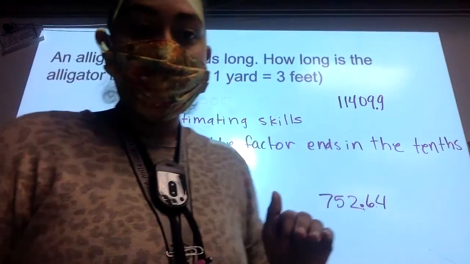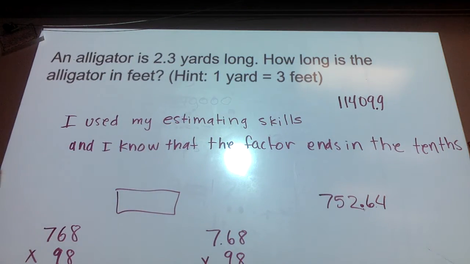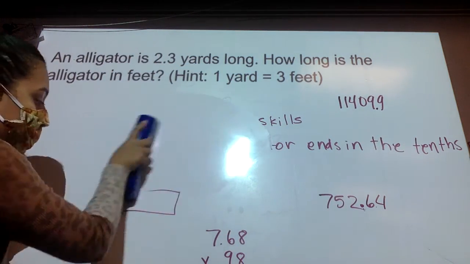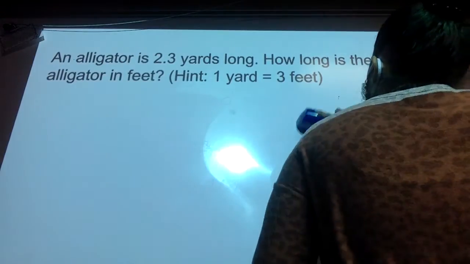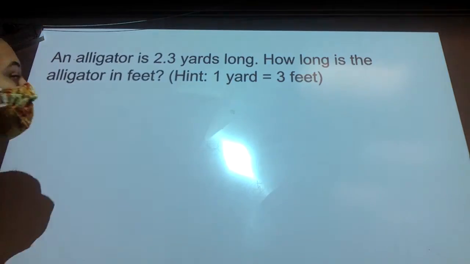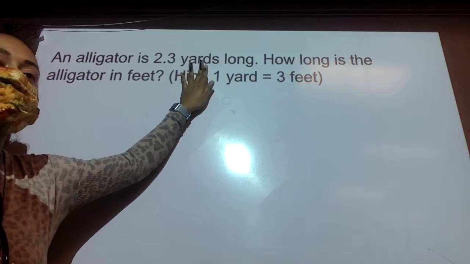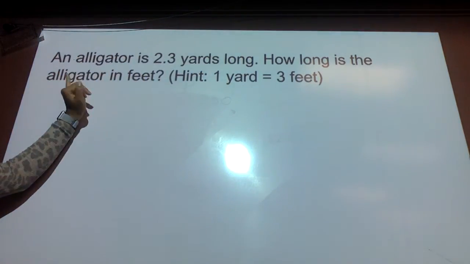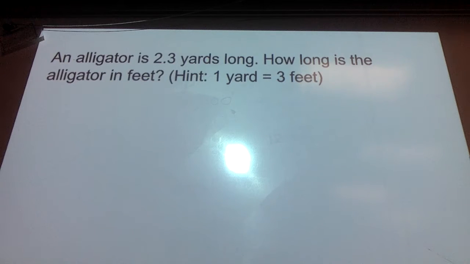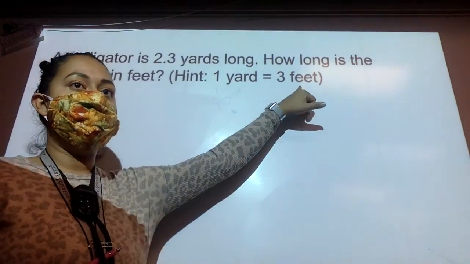Okay, one more. Ready? Wipe off your boards. An alligator is 2 3/10 yards long. How long is the alligator in feet? So we're converting, right? We know that 1 yard equals 3 feet.